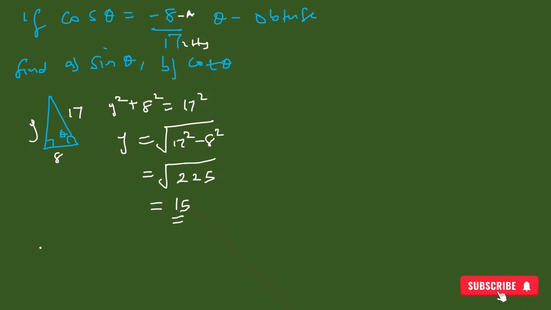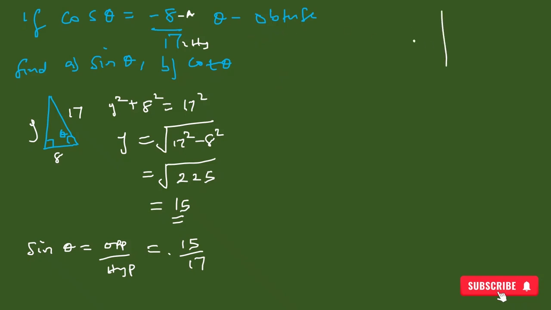Okay, so we want to find sine theta, which we know is equal to opposite over hypotenuse. So what is the opposite here? The opposite is 15 and the hypotenuse is 17. Now we are remaining with the sign. Which sign do we have for sine theta in this case where theta was obtuse?